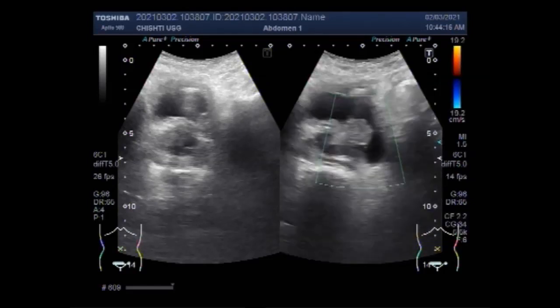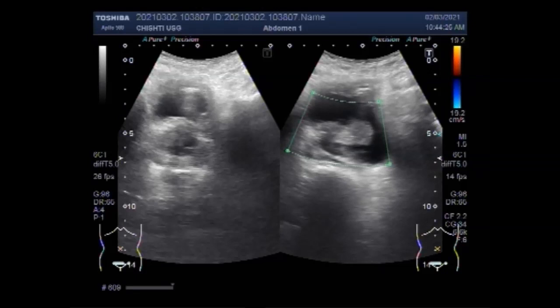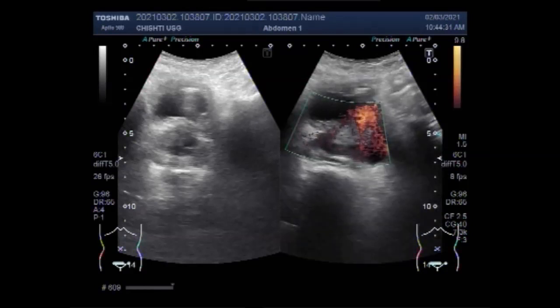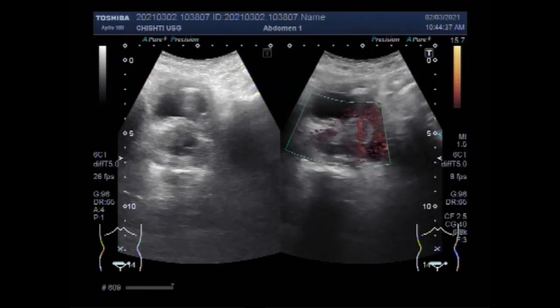Now you can clearly see the vesical mass. This mass is semi-solid to solid in consistency, looks to be rectangular in shape, and originates from the left lateral wall of the urine-filled urinary bladder.